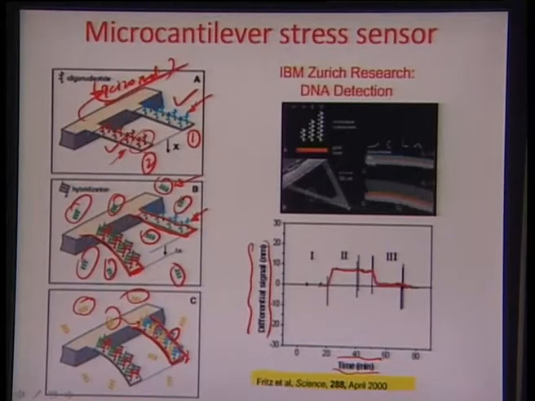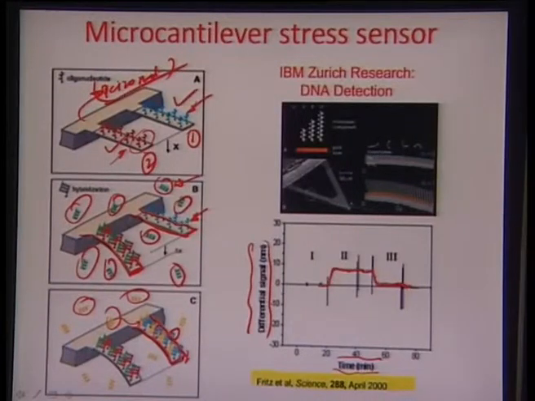So the differential signal which arose here because of a binding of the green target with the red probe changes back to 0 because of the binding of the yellow target with the blue probe. Okay. So this is how you could really make fast DNA detection possible by looking at just bending mechanisms associated with a pair of different cantilevers.